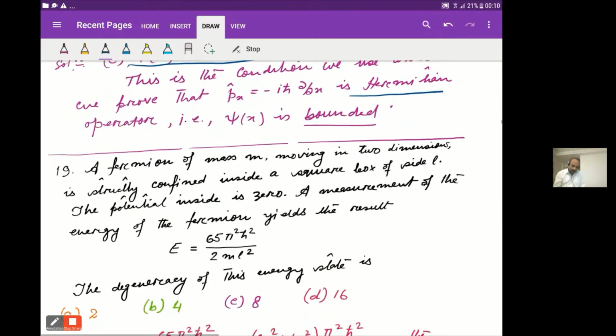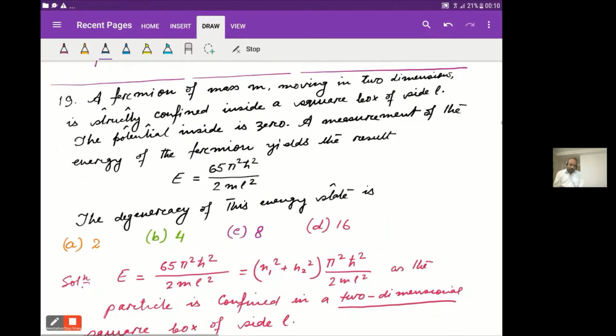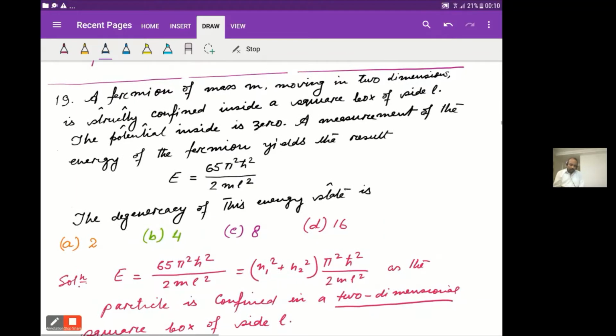Then move to the next problem, problem number 19. A fermion of mass m moving in 2 dimensions is strictly confined inside a square box of side L. The potential inside is 0.